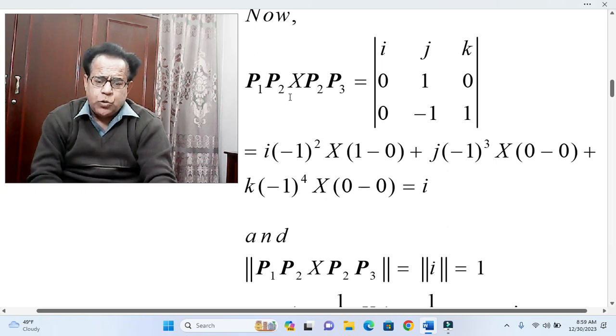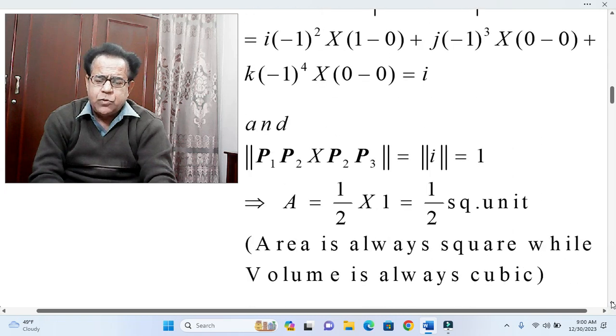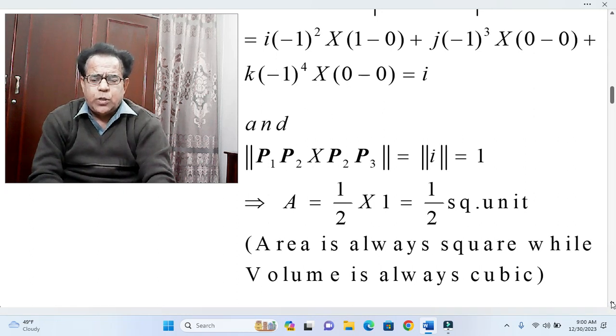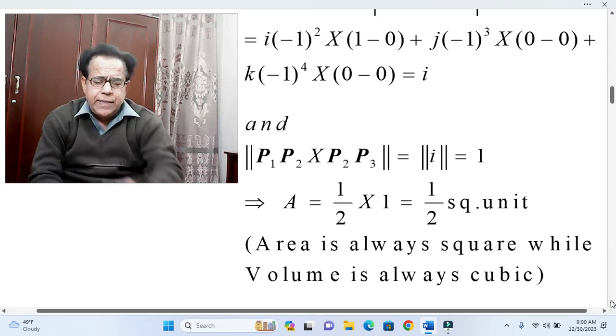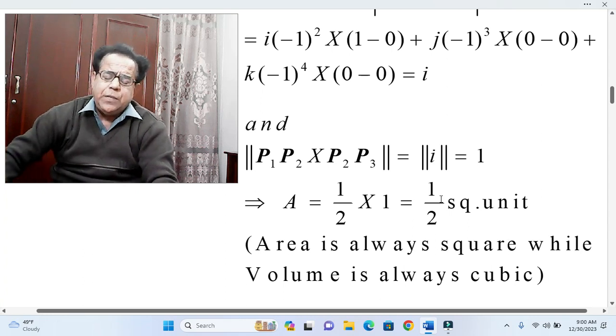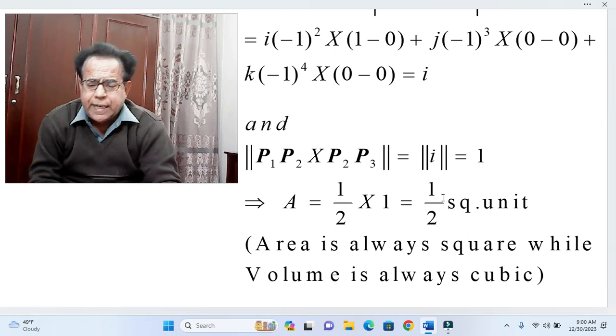Now we are going to take the magnitude of this cross product. The magnitude will be equal to the square root of square plus square plus square. The value written with i will be squared, the value with j will be squared, and the value along with k will be squared, and then the whole under root.